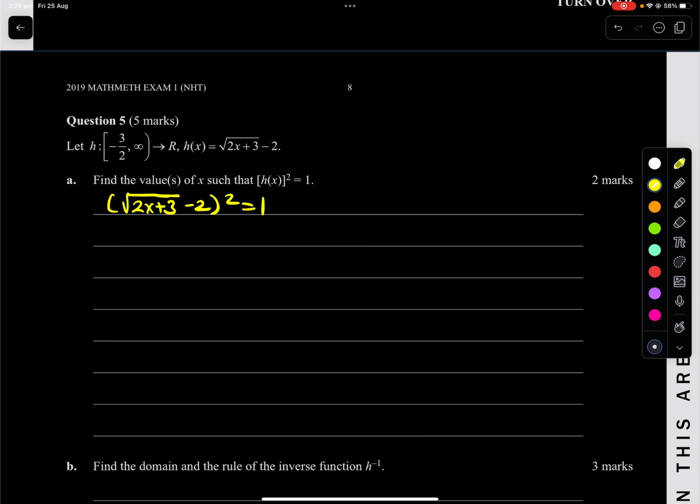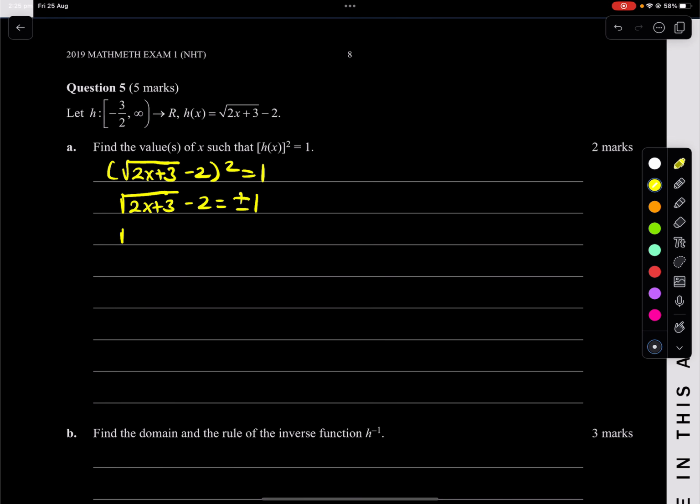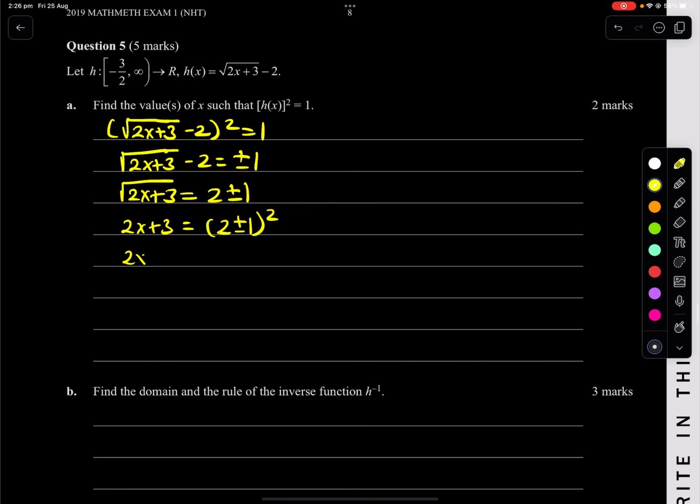And we can say that square root of 2x plus 3 minus 2 equals plus or minus 1. So 2x plus 3 equals 2 plus 1 squared, or 2 plus negative 1 squared. So 2x equals the bracket squared minus 3, and x equals that minus 3 all over 2.